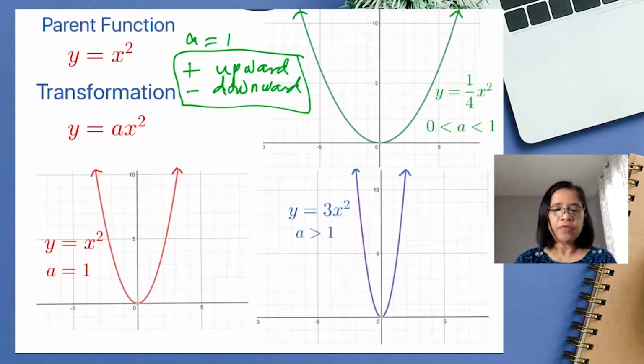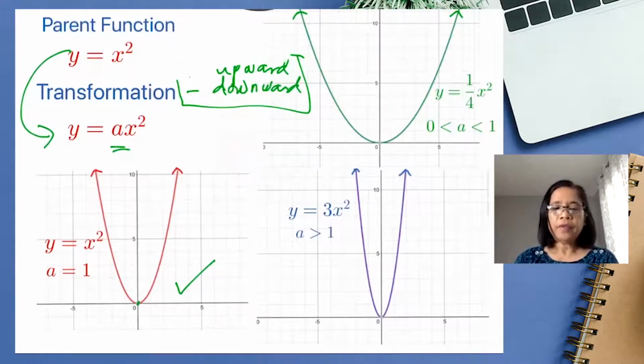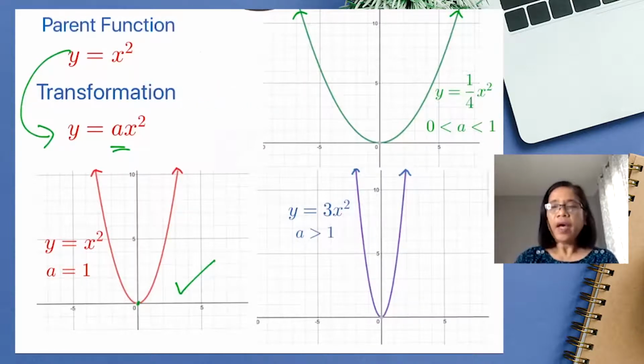So the transformation from y equals x squared to y equals ax squared: when a is equal to 1, we have the graph here where the vertex is at the origin and the parabola is facing upwards. If the value of a is positive and greater than 1, how does this graph compare to the graph of the parent function?